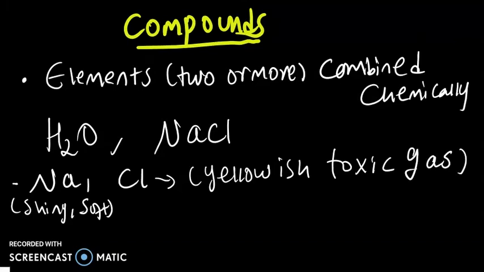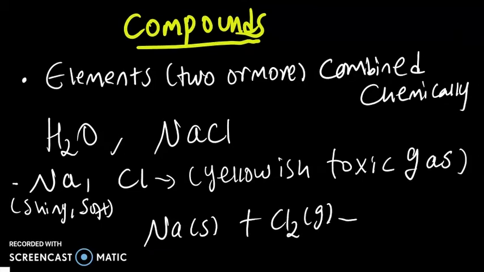So when these two combine in this equation, sodium plus chlorine gas gives sodium chloride. Let's put 2 here to balance the equation.